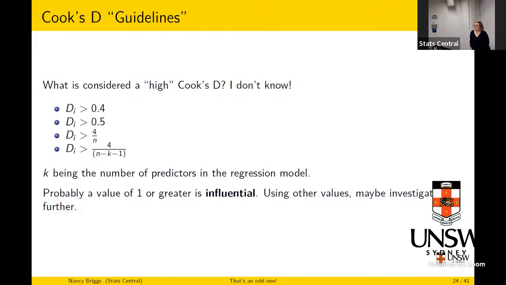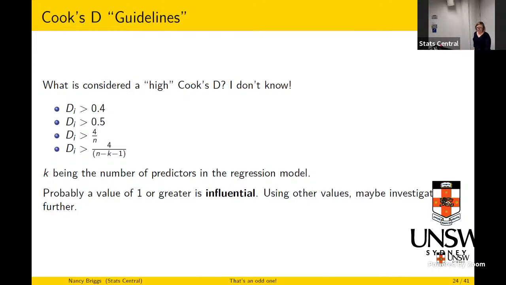And that is only one of many different recommendations for what is an extreme value. So once again, do not be guided by software in defining what is an outlier or an influential data point, because nobody else really has a perfect idea of what it is either.